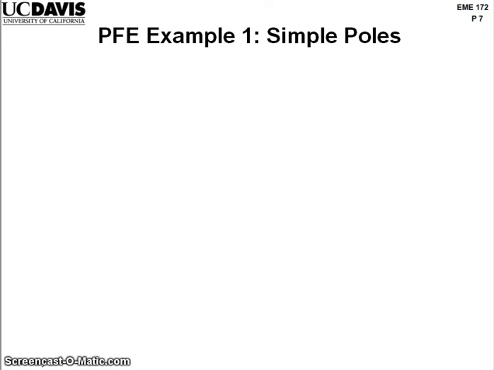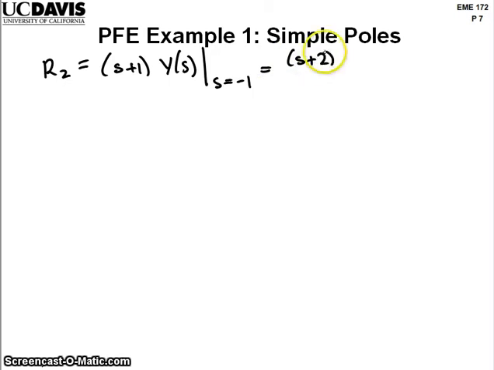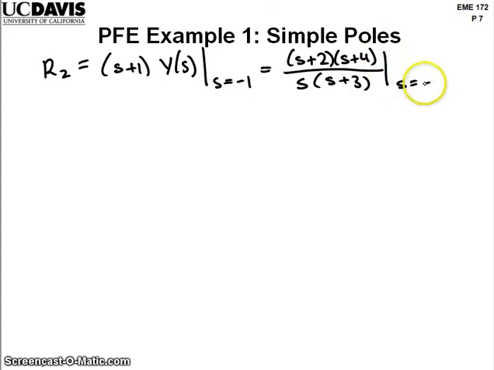And then the second two are basically the same method. R2 is equal to s plus 1 times Y of s, evaluated at s equals minus 1. So I get the same numerator, s plus 2, s plus 4, divided by s times s plus 3, evaluated at s equals minus 1.